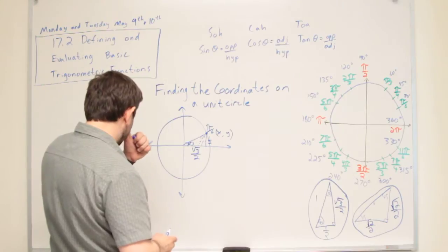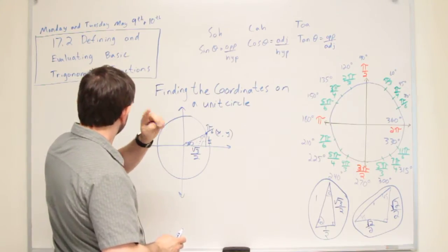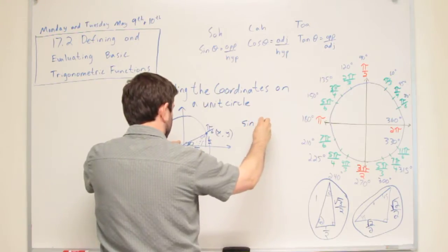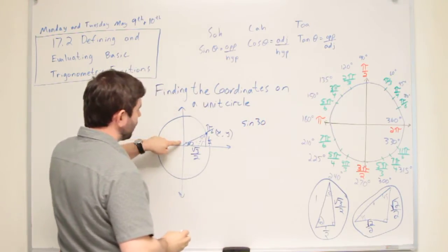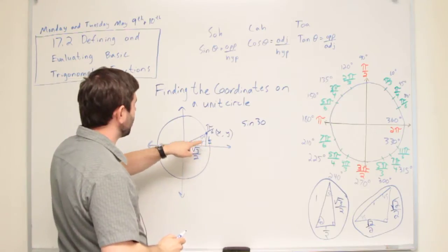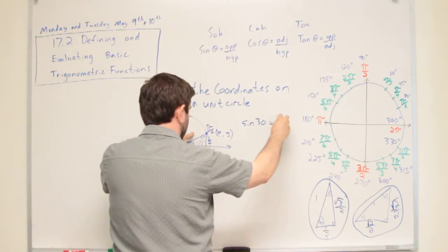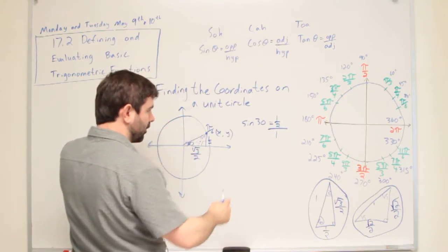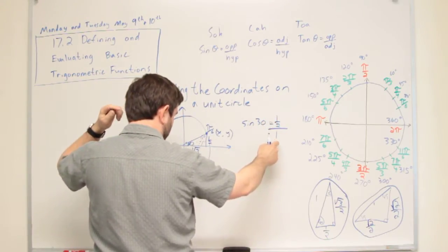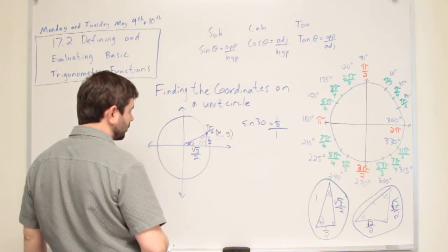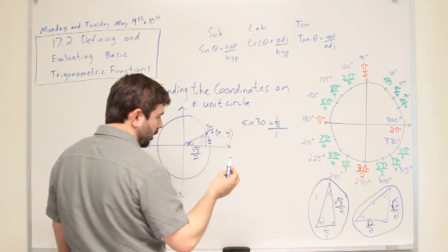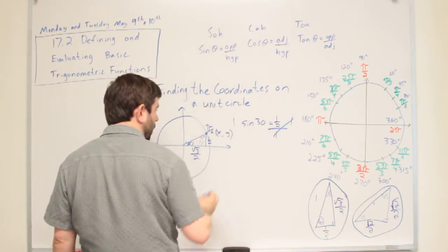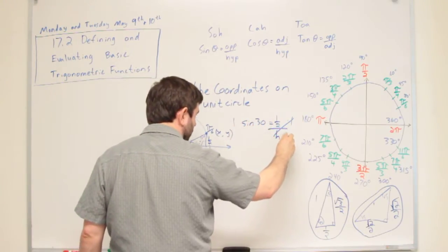Now, sine of 30 is going to equal opposite over hypotenuse. So this really is 1/2 divided by 1. A way that we're going to be thinking about this is multiply both sides by the hypotenuse.